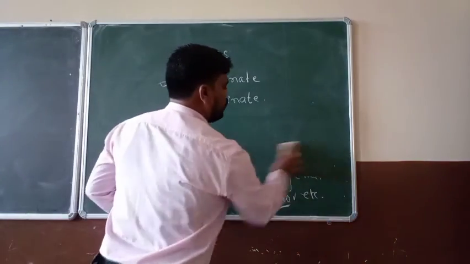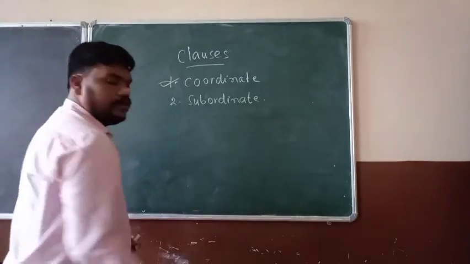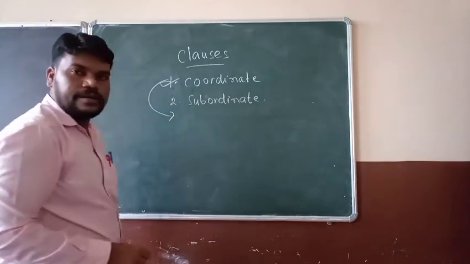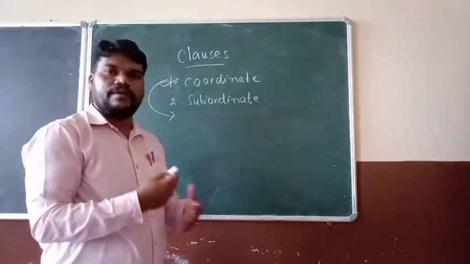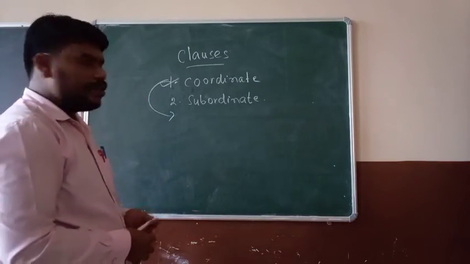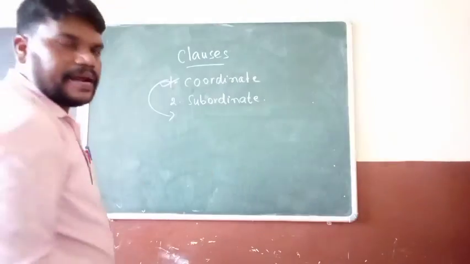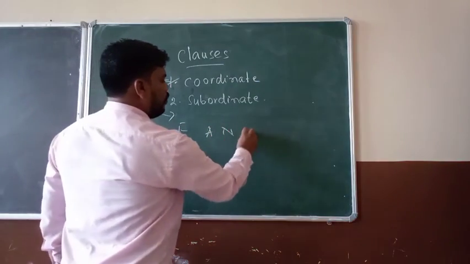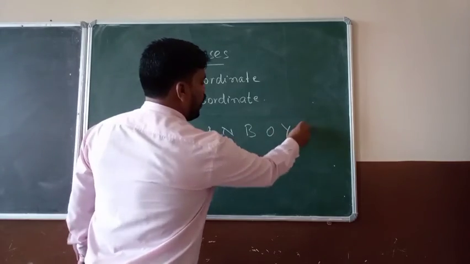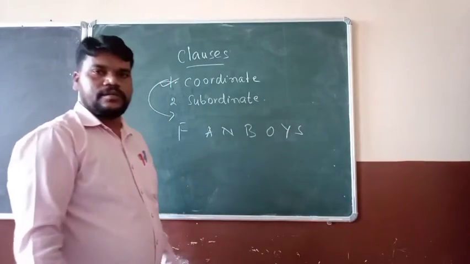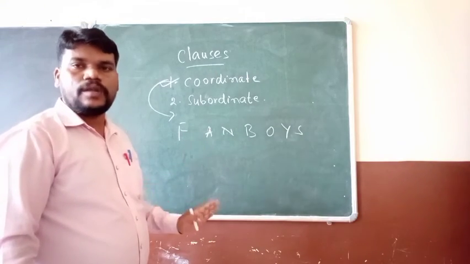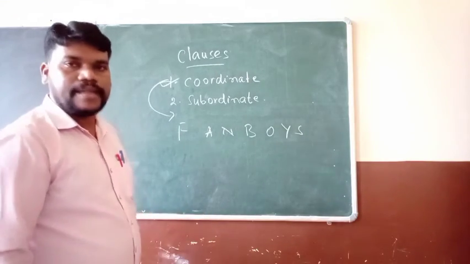So here you see that the coordinating conjunctions are, this is the pattern to remember. That means every one of you can remember the pattern. So here you see the pattern I am writing. One is F A N B O Y S, fanboys. So we can say that this is the coordinating conjunctions formula, the pattern to remember that.